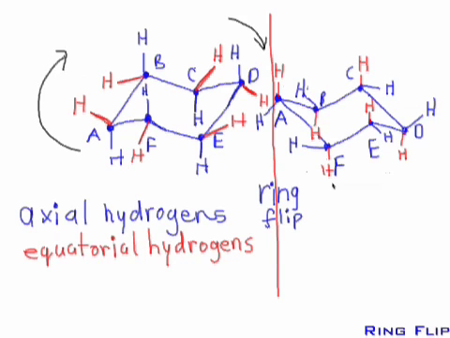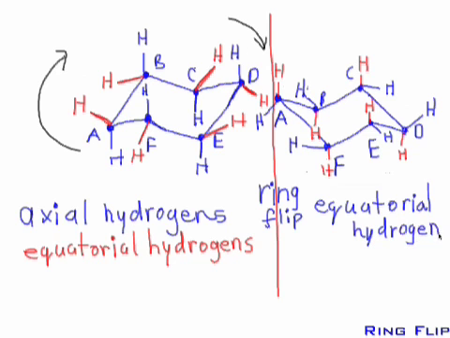Again, notice that whenever you draw equatorial hydrogens, the equatorial hydrogen never points inside the ring. Axials can point in the ring, and sometimes they do.